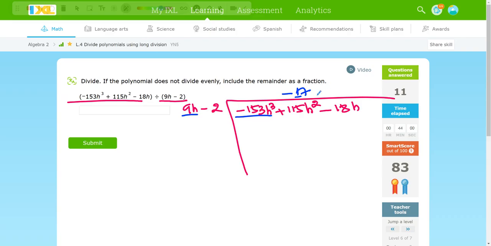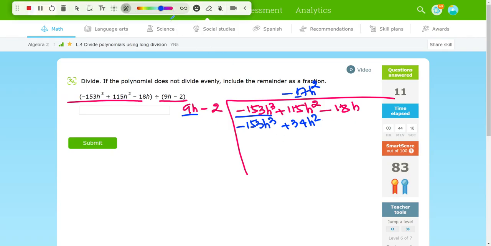Okay, so negative 17h squared. Okay, multiply them back, come out negative 153h cubed. Negative 17h squared times negative 2, plus 34h squared. Okay, put in parentheses and then subtract.